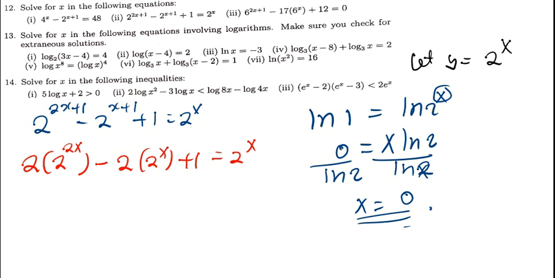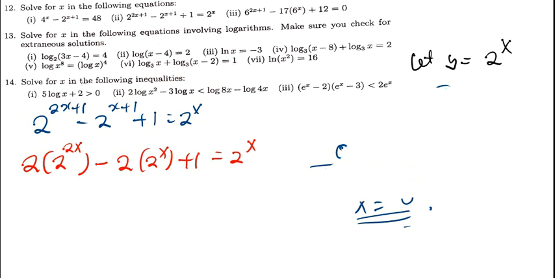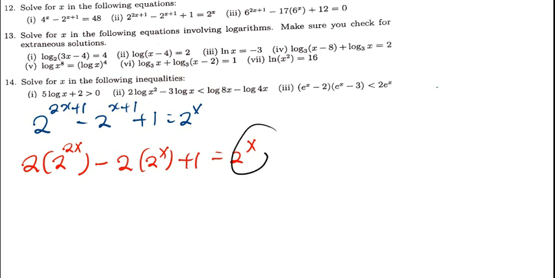So now when I reach at this point, I can shift this guy to go to the other side. Or before I do that, I'm going to say let y be equal to 2 raised to the power x.